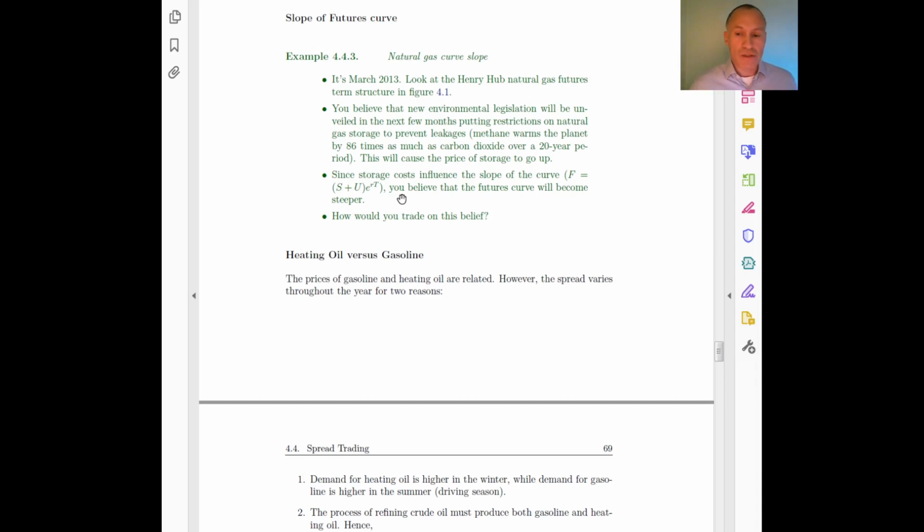Think about this. We can talk about this in class. This is not just one single solution answer. You can pick different points in the curve to trade. There are advantages and disadvantages of some points versus other points. So we can talk more about this in class once you think about it for a couple of minutes. Okay.